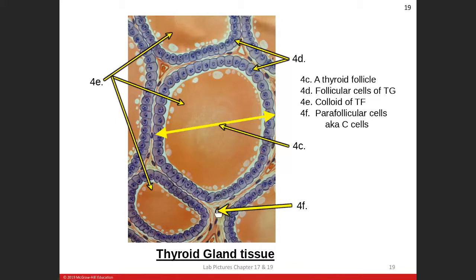And then just outside of that, here's a parafollicular cell, here's another one, here's another one. These parafollicular cells are going to be the ones that make the calcitonin. And since they make calcitonin, another name for them is C cell. Yeah, not seashells, C cells.